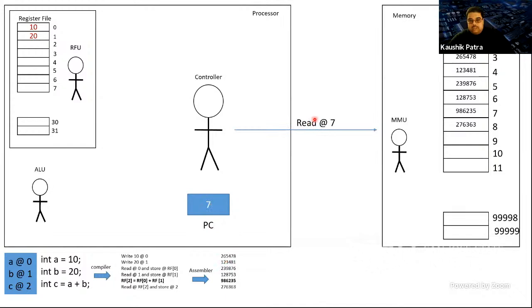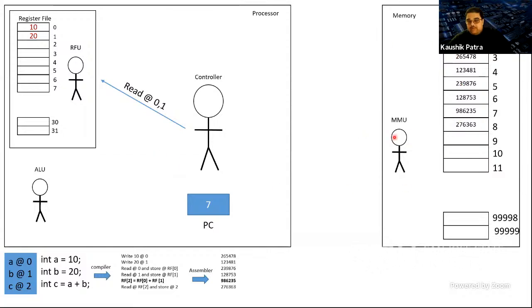Now it issues the instruction fetch, gets the instruction, decodes it, and now it says, okay, I need to read from register 0 and register 1, add them up, and store that result back in register file 2. So what it does is read from addresses 0 and 1. Now here is a little difference.